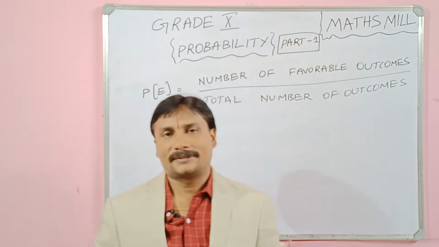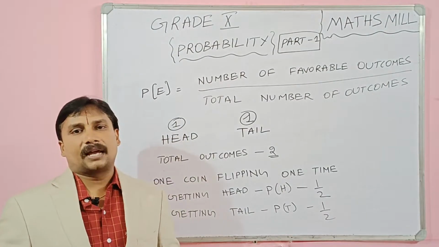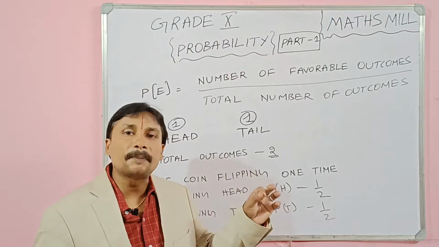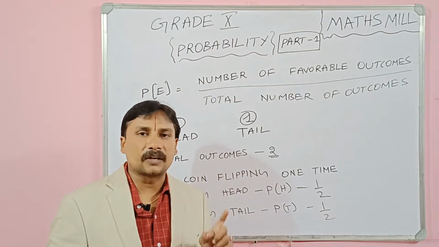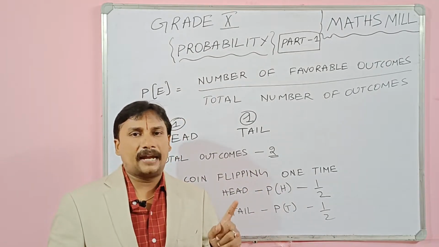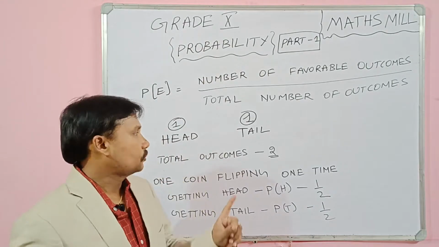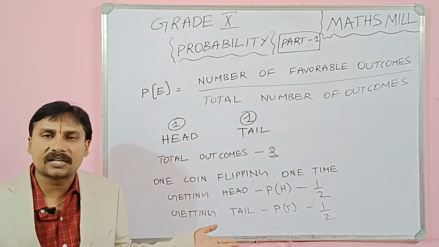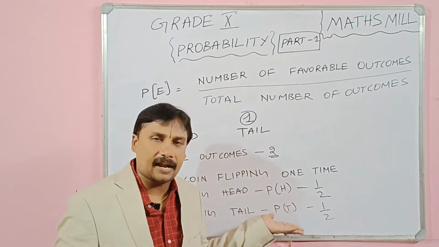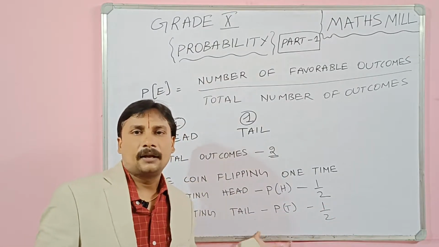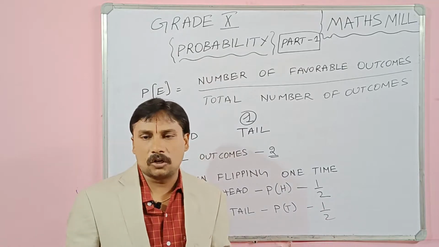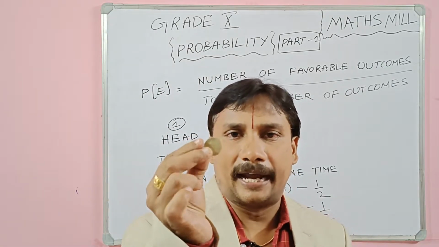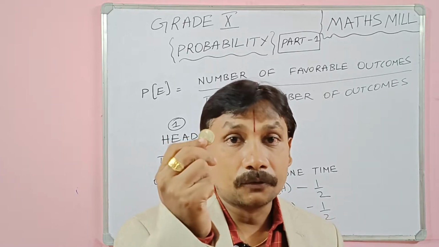Hope you are following. So champs, as I said, consider the probability of flipping a coin. Head and tail are there, one head and one tail, and we flip only one time. What is the probability of getting head, or getting tail?